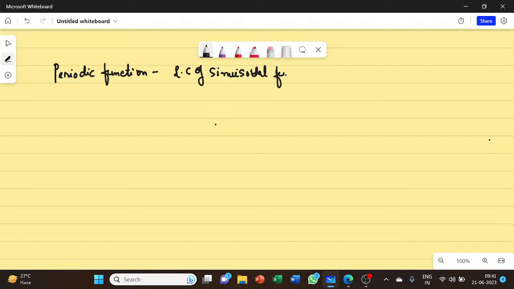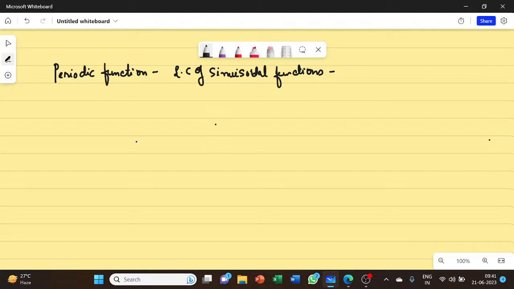And this you might have done in your graduation classes many times. You might have been given some square wave input or some triangular input. For all those inputs, you might have written what you call your Fourier series. So you know that you've done that.